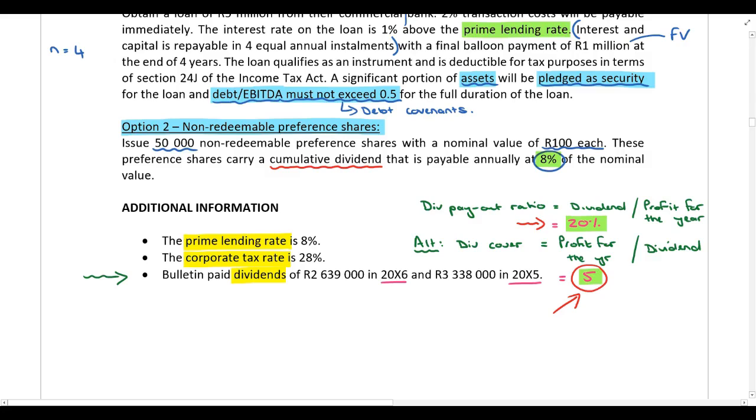And based on what we have calculated over here, I would say that they have a conservative dividend policy because only 20% of their profits are being paid out as a dividend. That means 80% of the profits are being retained in the company for future use and for growth purposes. So that's obviously positive. They're not just paying out everything as a dividend, they are keeping enough money in the company to fund future growth.